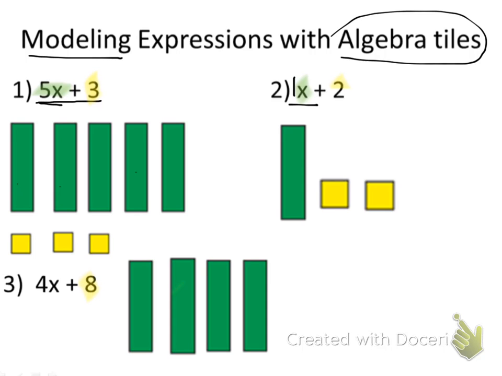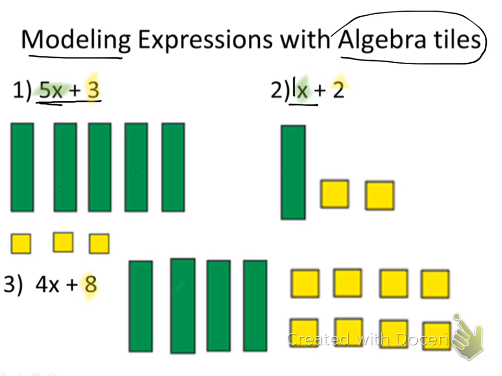And that means 8 ones. So I'm going to put 8 little yellow squares to represent my 8 ones. So now we have 4x plus 8 represented using our algebra tiles, because we have 4 green rectangles to represent the 4 x's, and then we have the 8 little yellow squares to represent the plus 8.